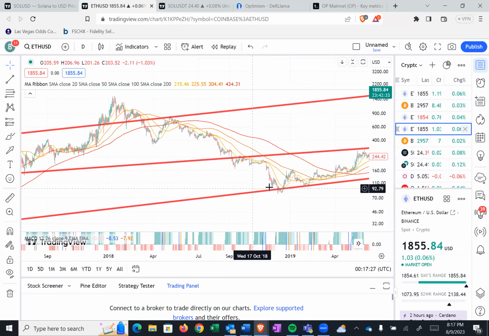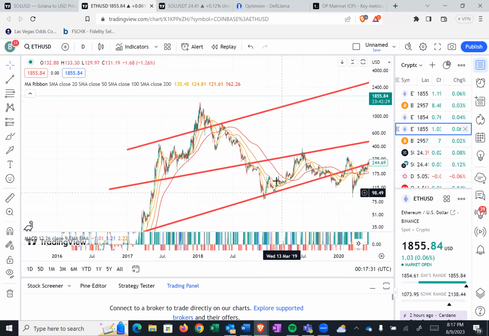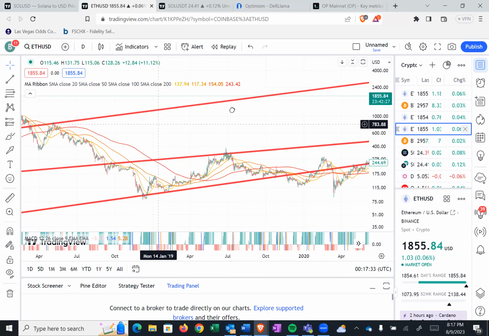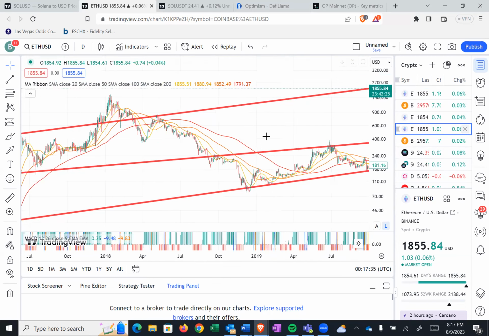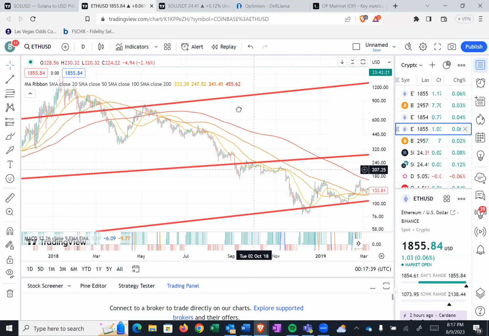Let's look at it here. Yeah, so it sort of looks similar to if we say that we're in this area.